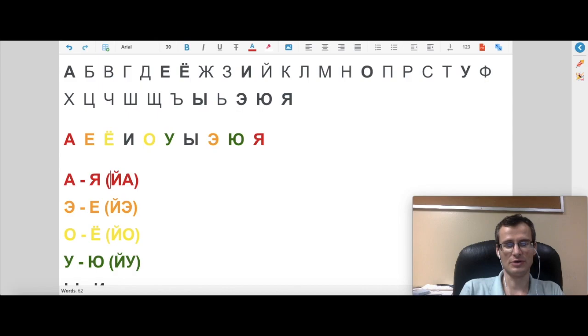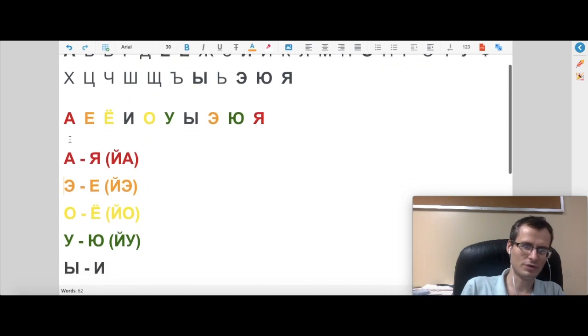So ya, yeah, yo, or you. That's one reason. The other reason is that I want you to understand what the diphthongs are all about: each diphthong actually consists of two sounds, and you can even spell them as two sounds. I'm repeating myself, I hope you got it. It's very important that you understand this. If you understand this, you're good to go. You understand the vowels in Russian.